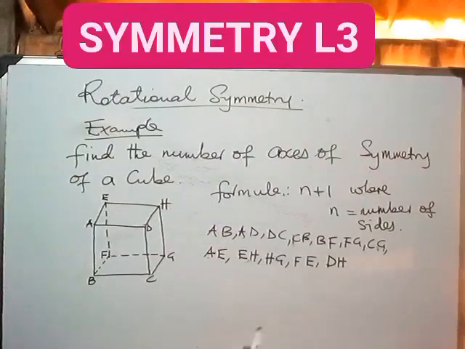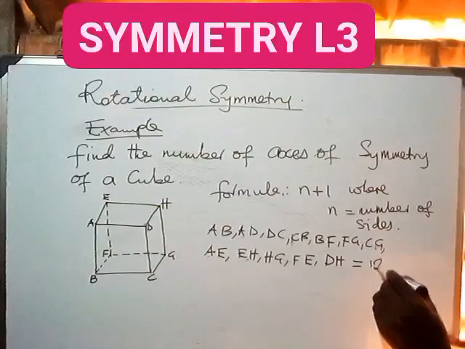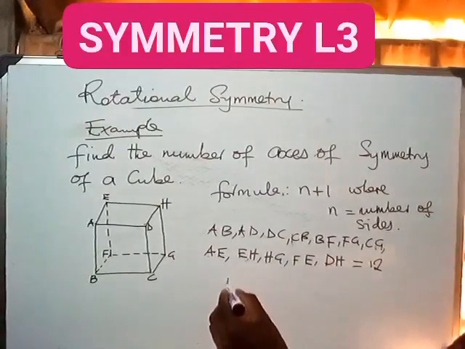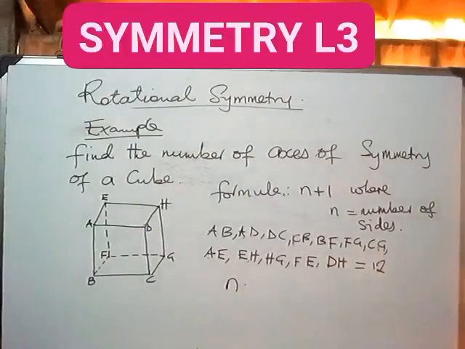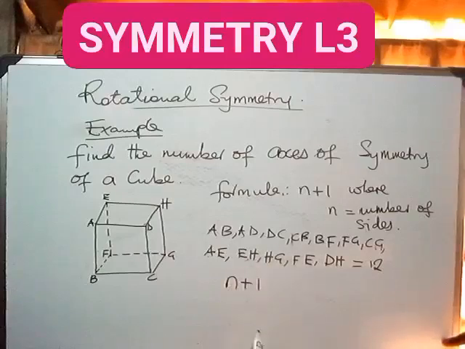So how many sides do we have? The total sides are 12. These are the number of sides which this cube has. So in this case, we are going to use the formula n plus 1 to find the number of axes of symmetry, where n means the number of sides.